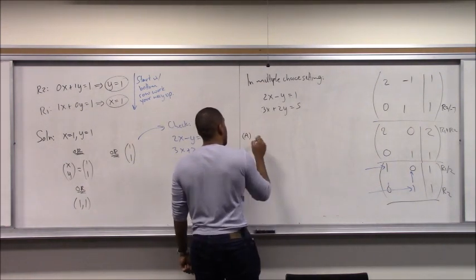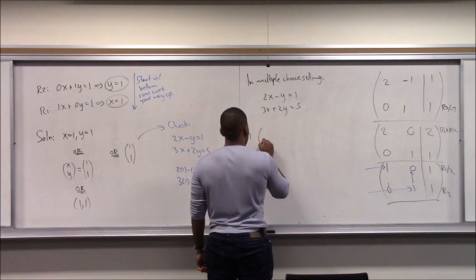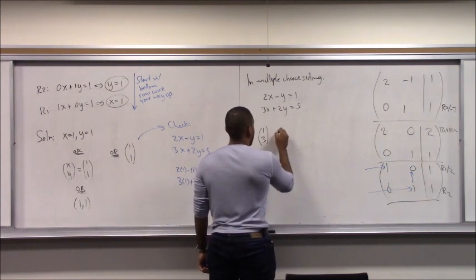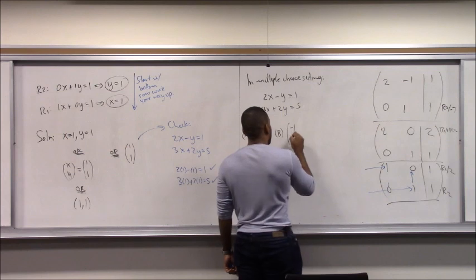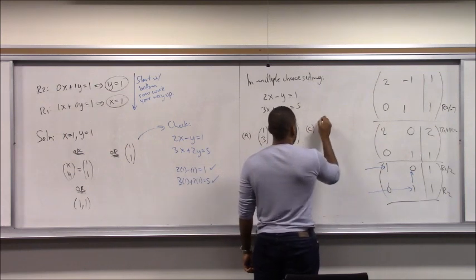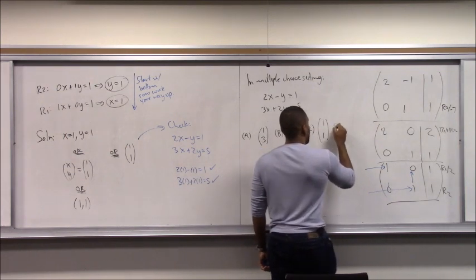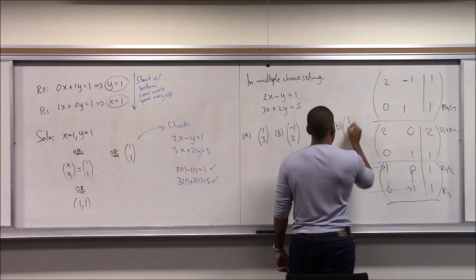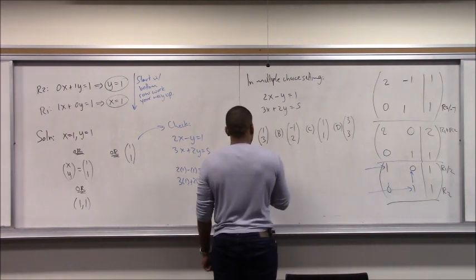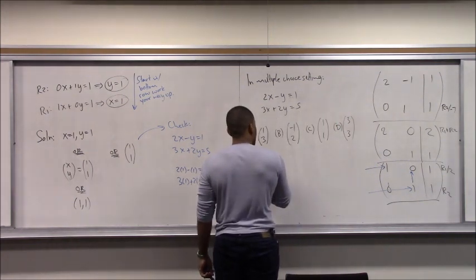However, if they're giving you several answers, let's say they said, okay, 1, 3. Option B is minus 1, 2. Option C is 1, 1. Option D is 3, 3. Option E. Let's make this one 3.